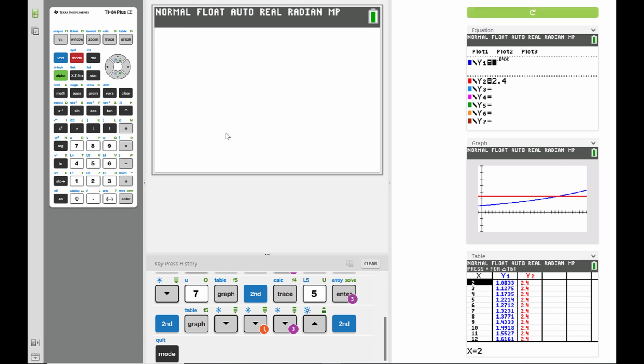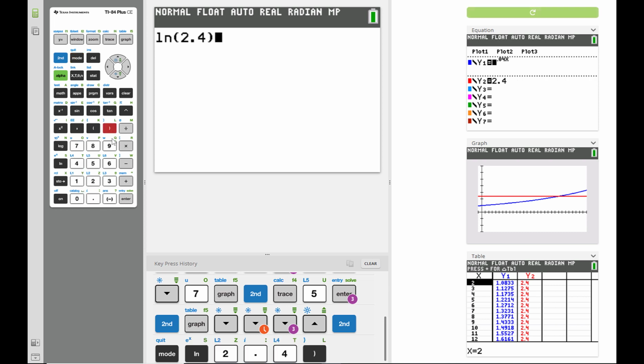Let's go ahead and find this answer another way. Let's go ahead and press second quit to get out of that table feature. So another option that we have is we can use the natural log.